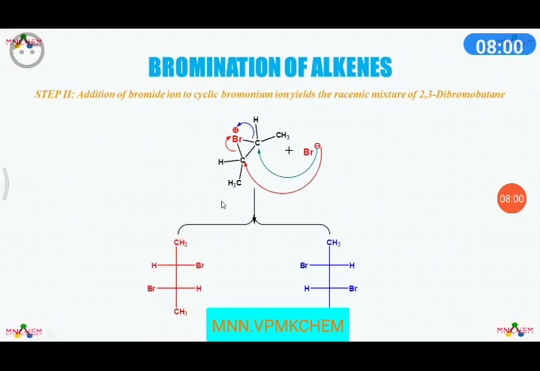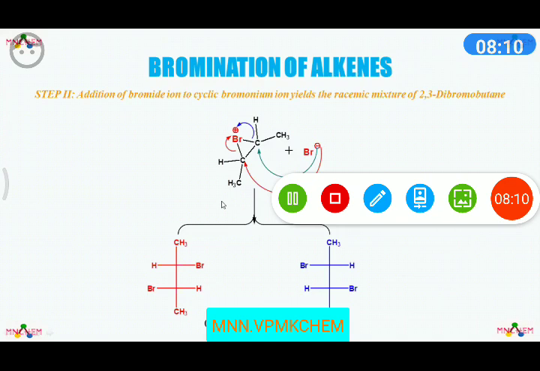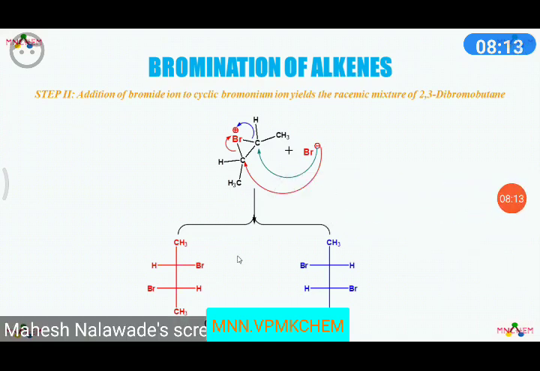These two products are a racemic mixture of 2,3-dibromobutane. So here the bromide ion adds to the cyclic bromonium ion in two different manners and we get a racemic mixture of 2,3-dibromobutane.